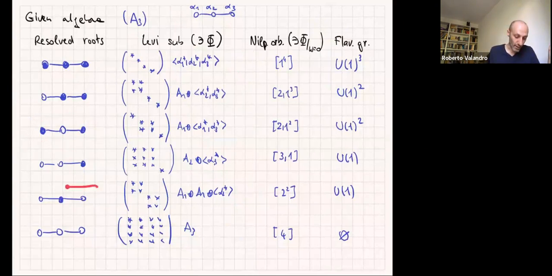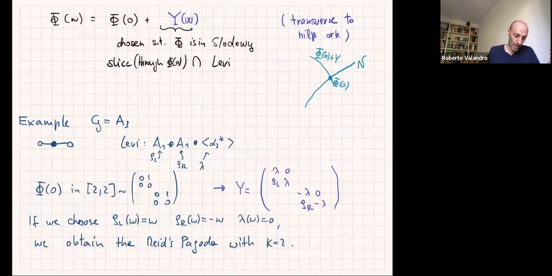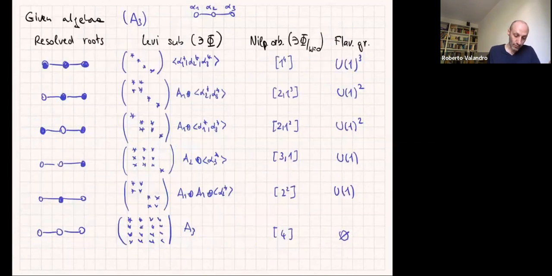In the previous case, we chose this; we decided to make this flop. So this table is already telling you what the phi should look like in the central fiber. And then you have to deform this by a W-dependent piece, such that phi still lives in the Levi subalgebra.